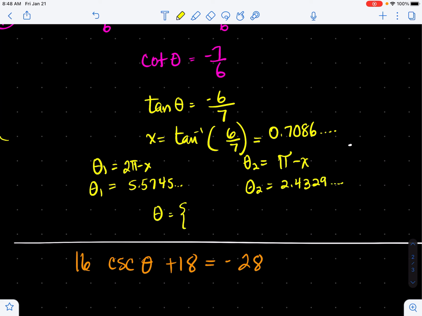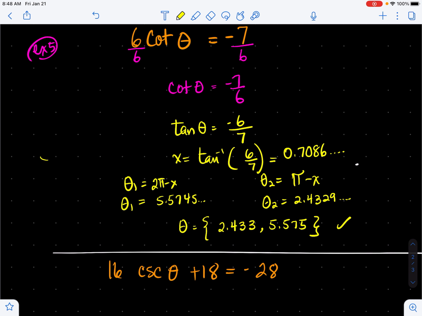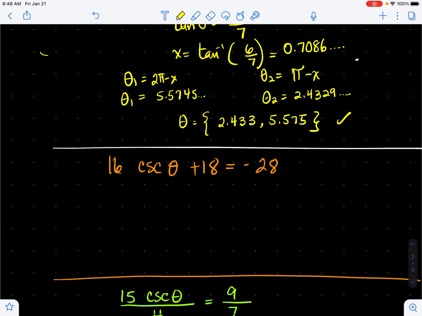And both my answers, always write the smaller one first. 2.433 and 5.574 radians. Okie dokes, and the tangent concept works the same way as I showed you before.